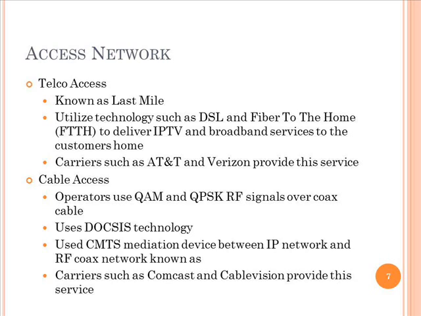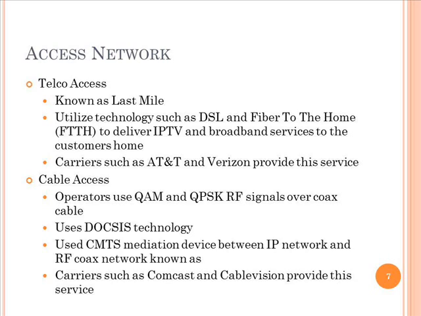Cable access, on the other hand, is a bit different. With cable access, you have some national and regional players such as Comcast and Cablevision. It also depends what region you live in to see who your cable operator is. Cable access uses QAM and QPSK RF signals over coax cable.